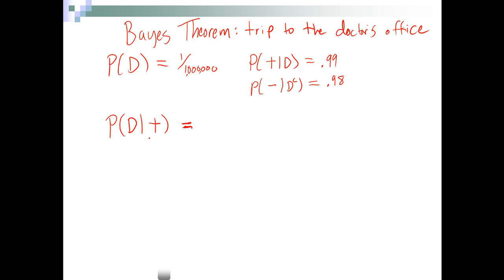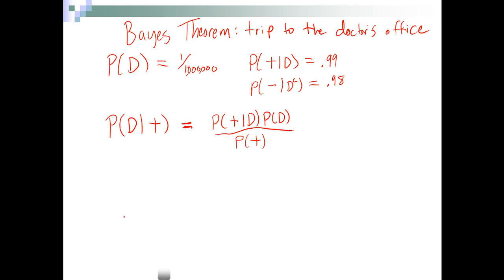Probability of the disease given a positive test result. Using Bayes' theorem, that's just the probability of a positive test result given the disease times the prior probability of the disease, and then we're going to divide that by the probability of a positive test result. To find the probability of a positive test result might be a little bit tricky, but not too bad.